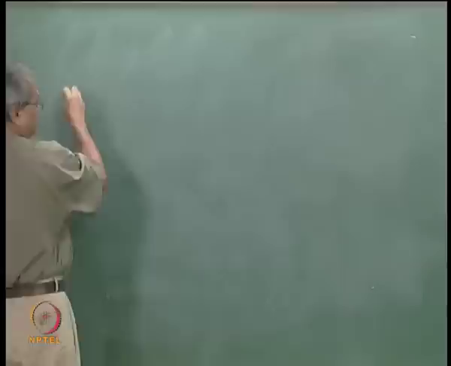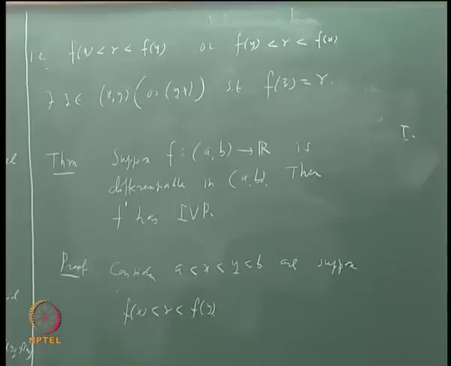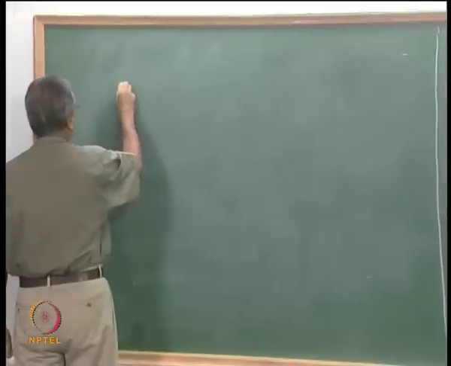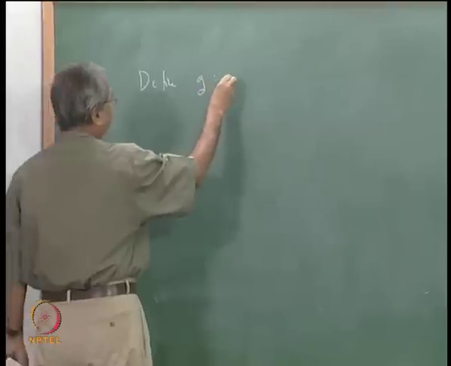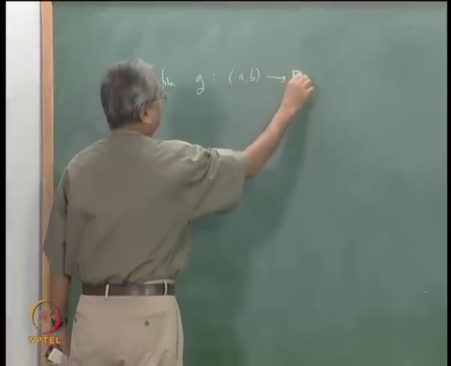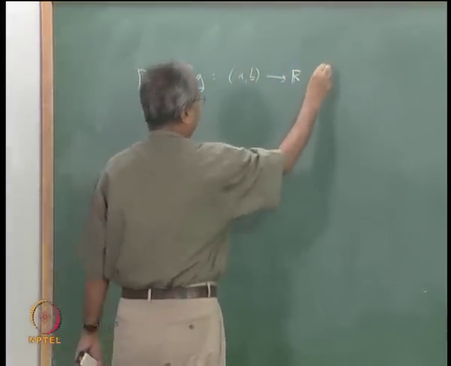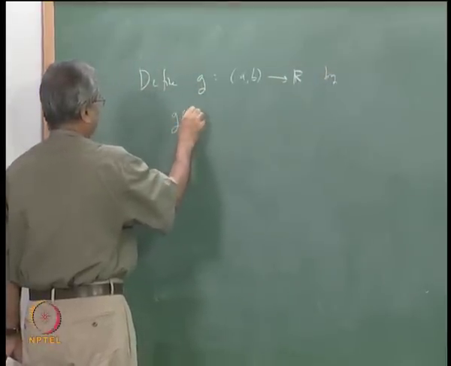Okay. So what we will do is we shall also define a new function which depends on the given function f and use some of these things for that function. So let us say define g from ab to r by g of x.